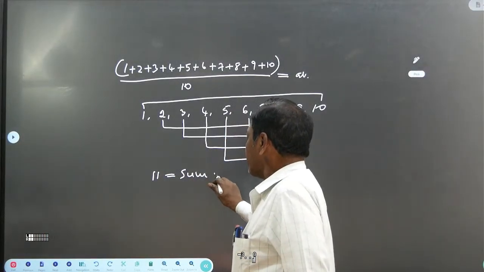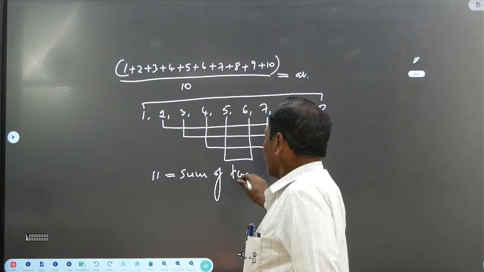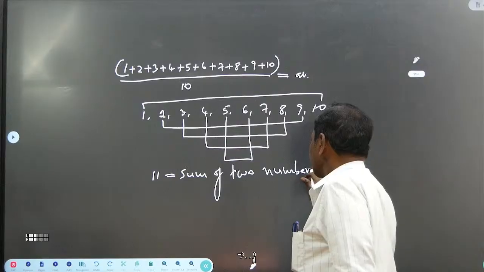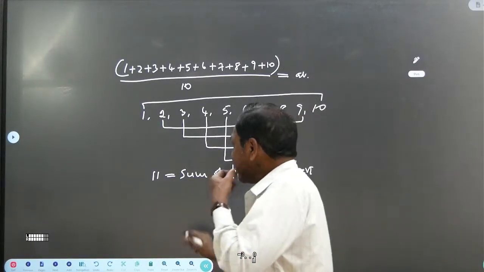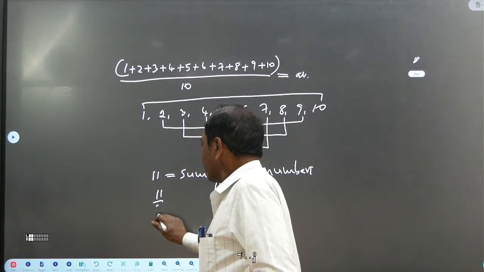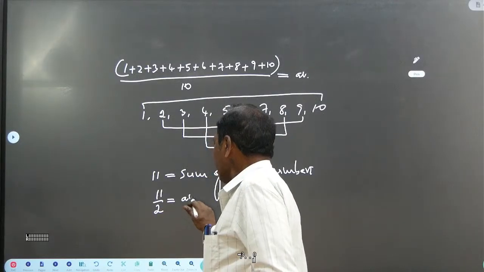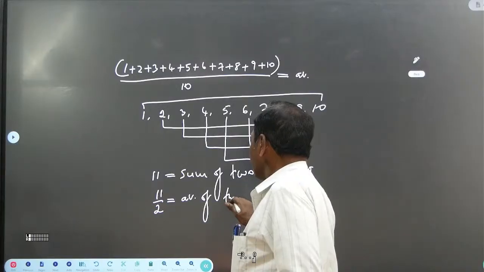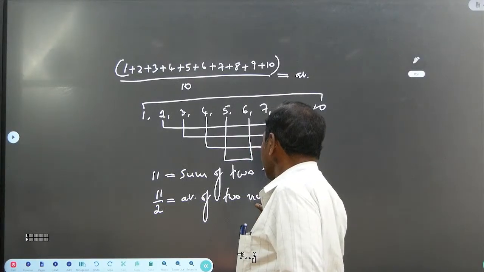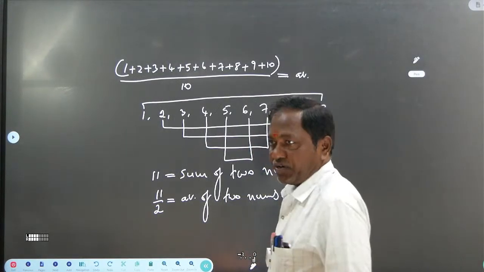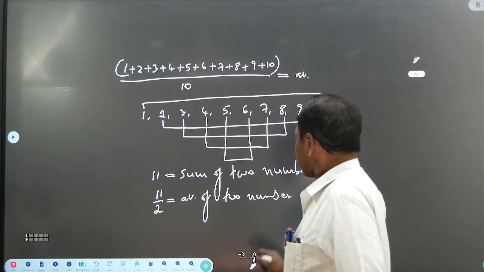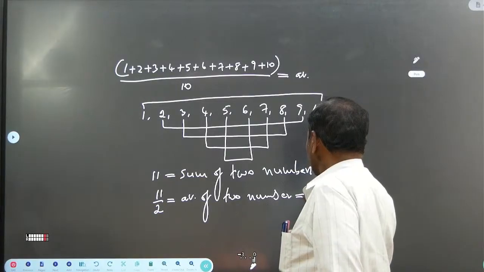11 is the sum of two numbers. What is the average of two numbers? 11 by 2 is the average of two numbers, which is 5.5.